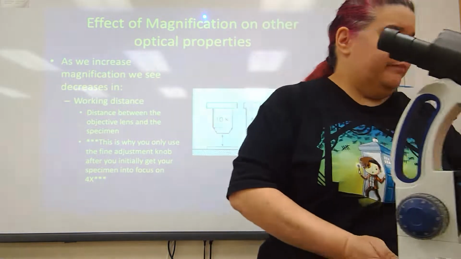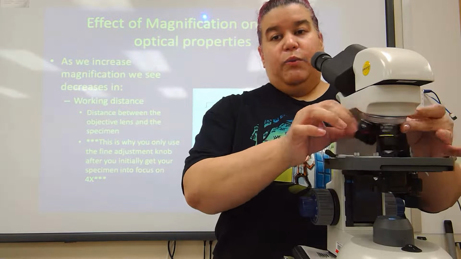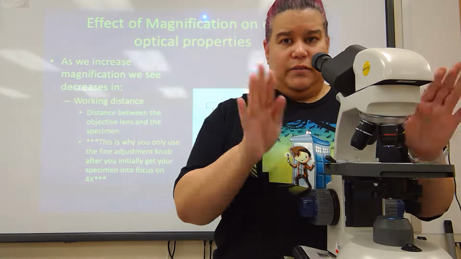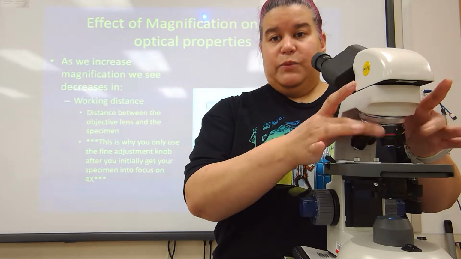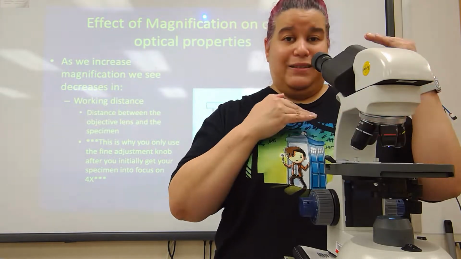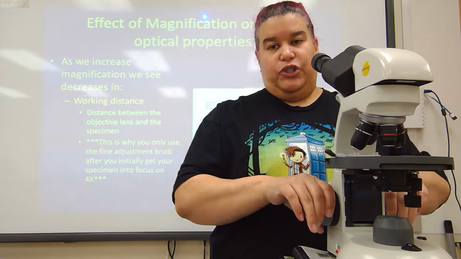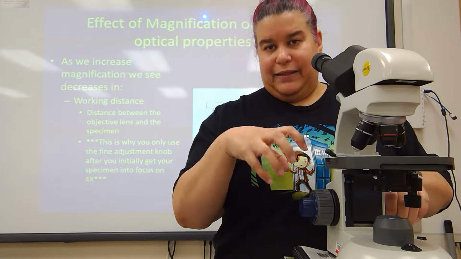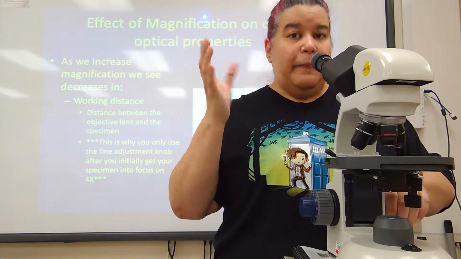So this is one of the primary reasons why when we are looking for a specimen, we always start with the smallest objective. The smallest objective is the one that has the greatest distance from our slide. So even if I were to take the stage and jam it up toward the top, there is still no chance of this hitting the slide, breaking my slide, or the slide breaking my objective.